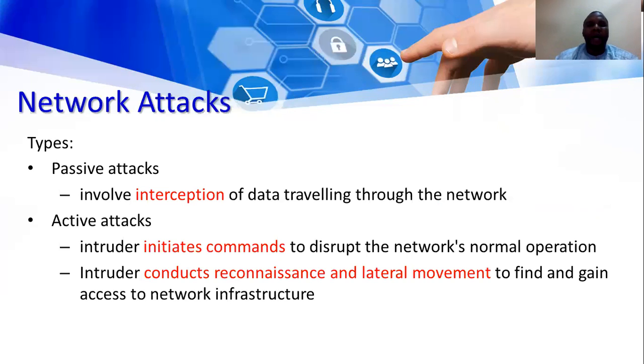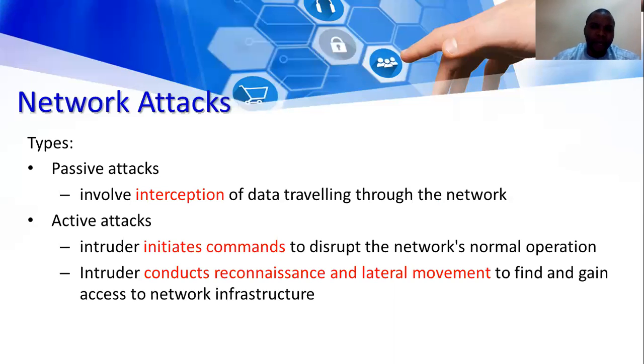The second type of attack is active attack, which involves an intruder initiating a command to disrupt the network's normal operation. So if a command is initiated by an attacker, and the goal is to disrupt the normal process, you will notice that this is an active attack. It's a kind of active attack because the effect will be felt straight away, instantly on the network.